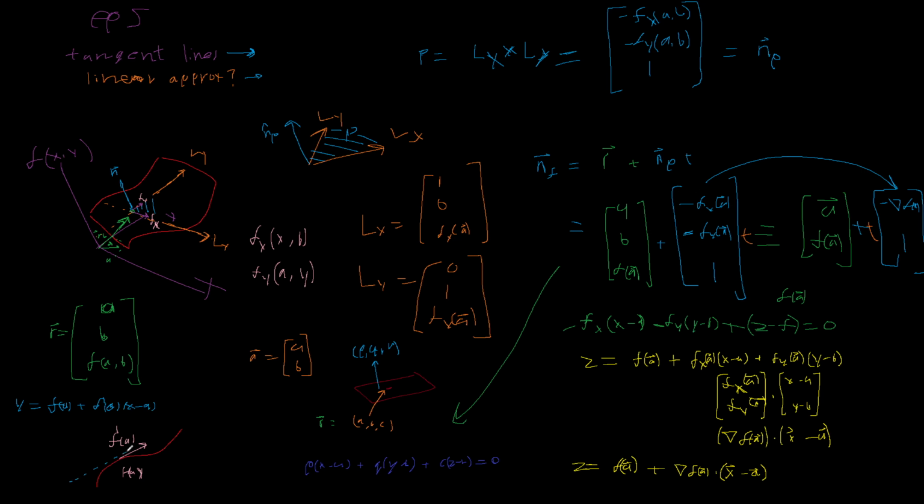That's the equation for the tangent line when x is one dimension. This is exactly the same thing. The only difference is that we have a tangent plane instead of a tangent line.